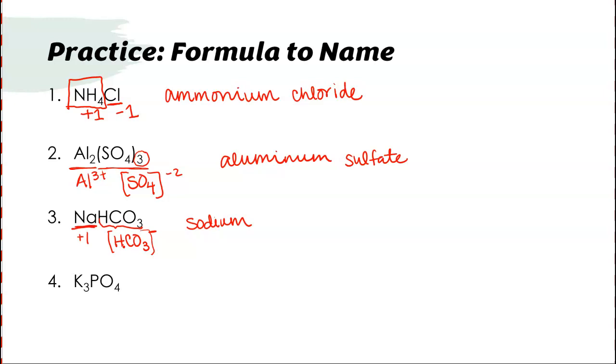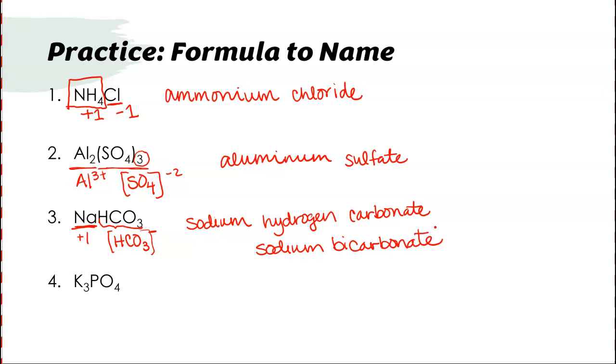One way to name this is sodium hydrogen carbonate. And that's because carbonate is the main polyatomic ion and it can take on some hydrogens. So it is a hydrogen attached to a carbonate. Or this would also be called sodium bicarbonate, which you may recognize as baking soda.